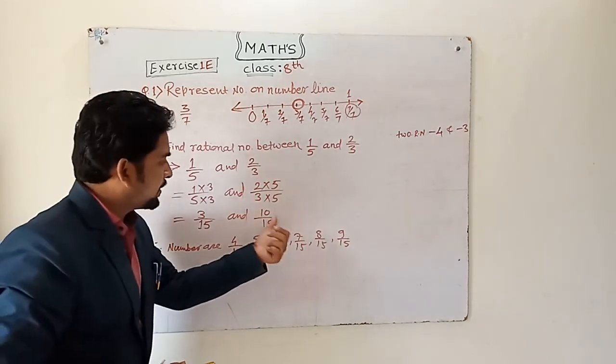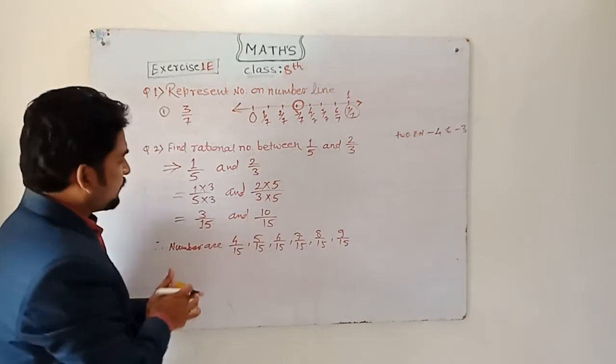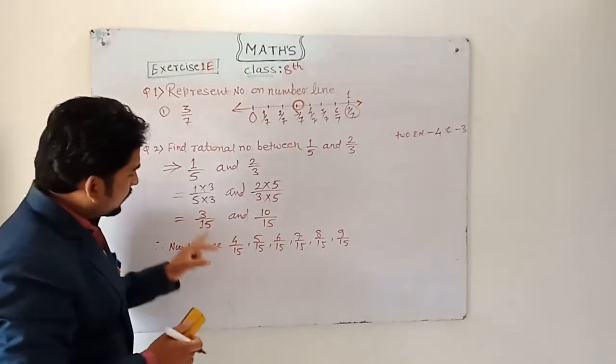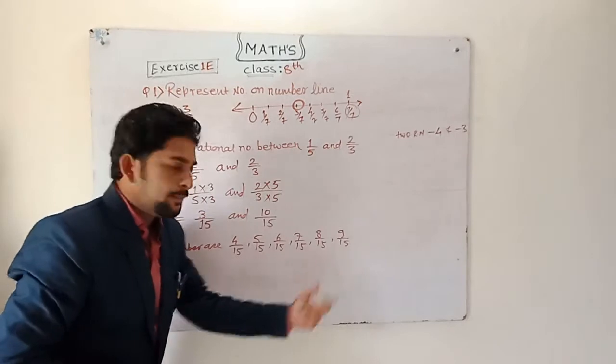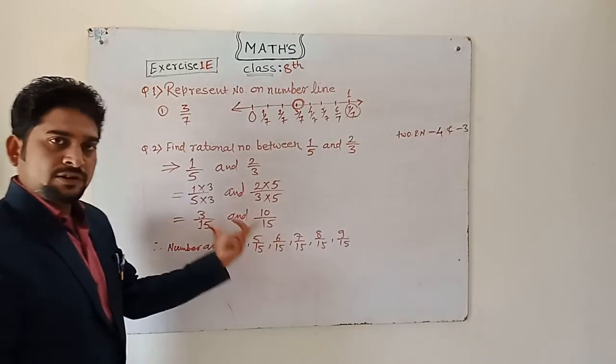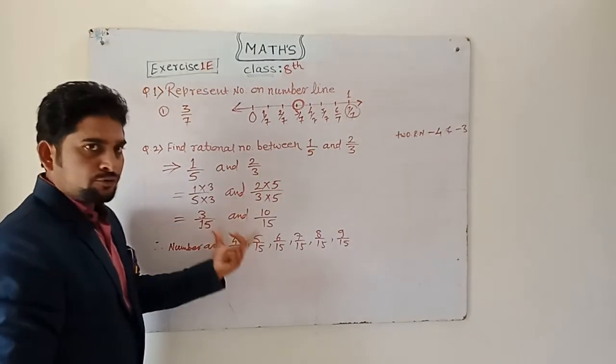After 9 by 15 comes 10 by 15, which is given. We have to find the numbers in between. So after 3, 4 by 15, 5, 6, 7, 8 and 9 by 15. These are the numbers between these two terms. That is how we have to find them.